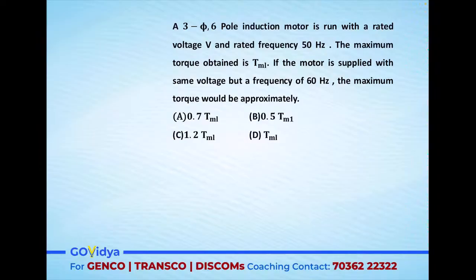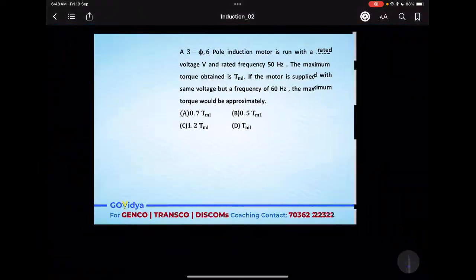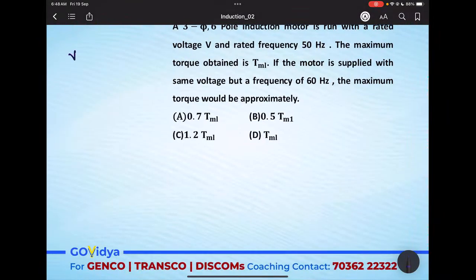If the motor is supplied with the same voltage but a frequency of 60 Hz, the maximum torque would be approximately what? By reading the question, we understood that it is a V by F speed control question.